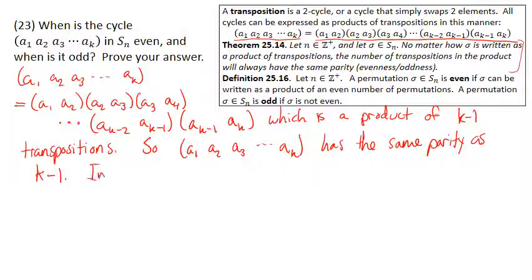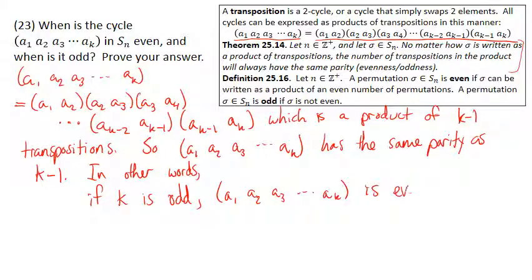In other words, if k is odd, then k minus 1 will be even, so the cycle will be even. And if k is even, then k minus 1 will be odd, so the cycle will be odd.